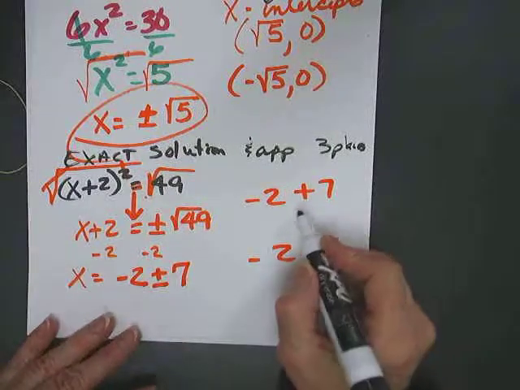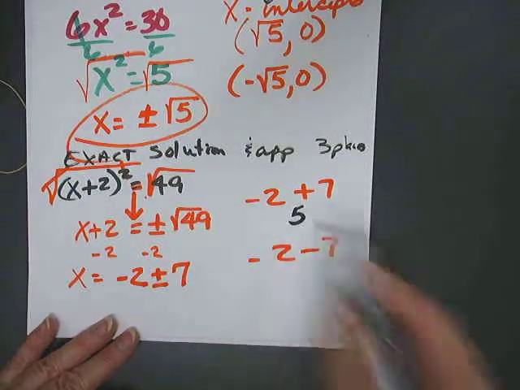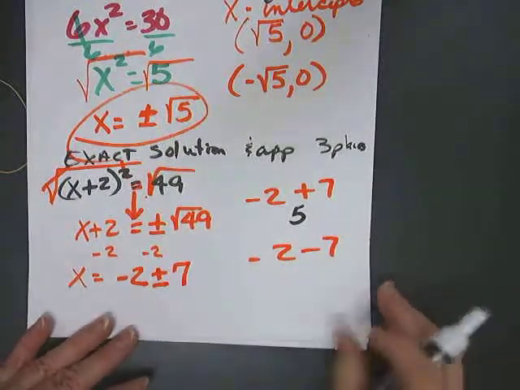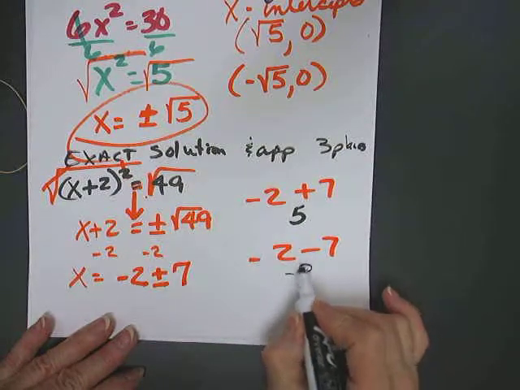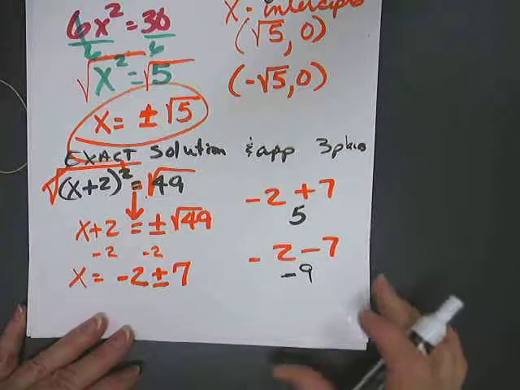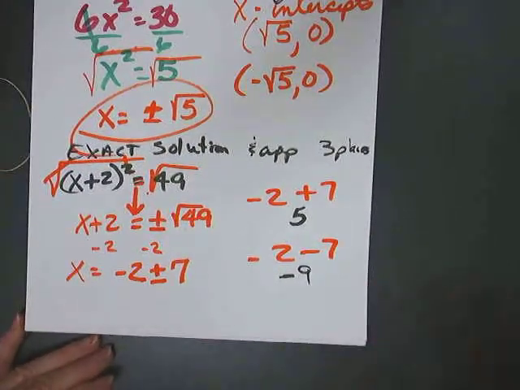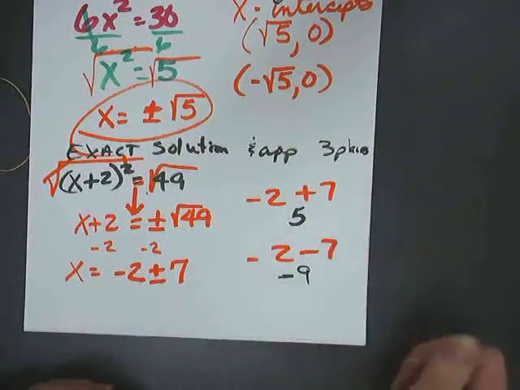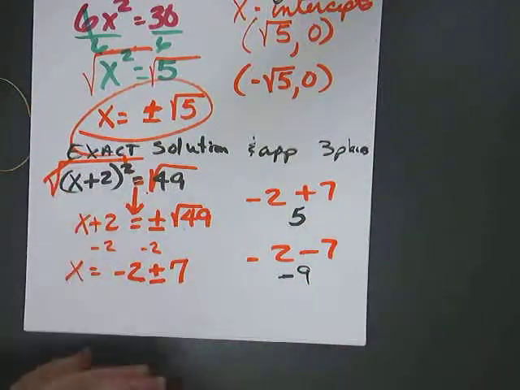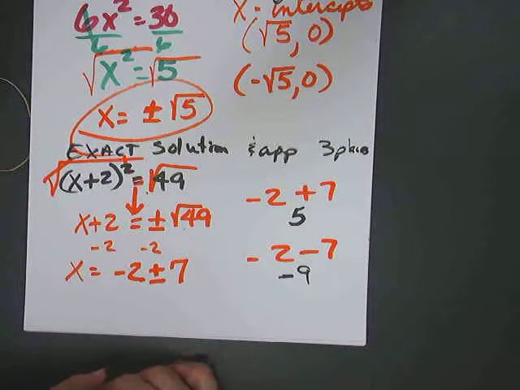But don't leave them like that. What is negative 2 plus 7? 5. High five. Negative 2 minus 7? Negative 9. And we don't have to plug them in to see if it's okay. There's two answers. That would be your x-intercepts if you graph that.